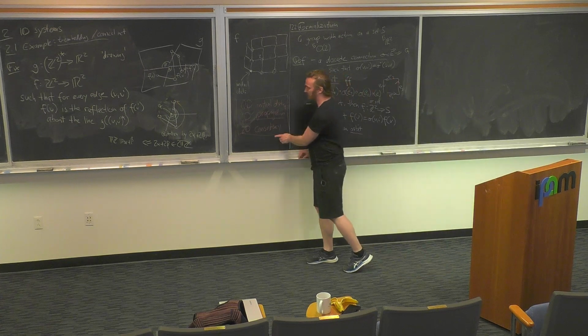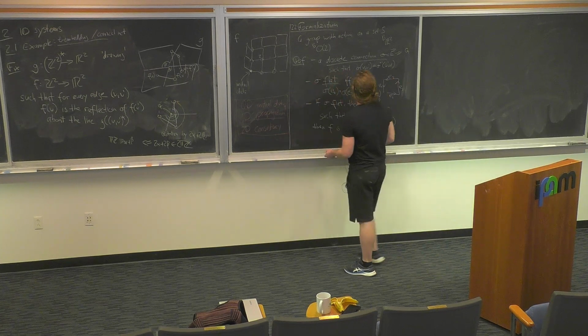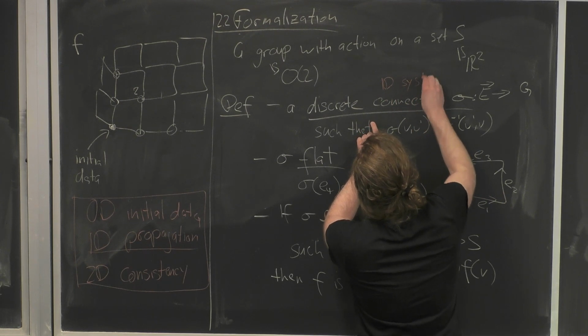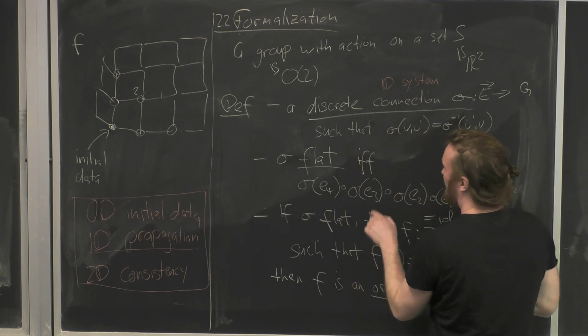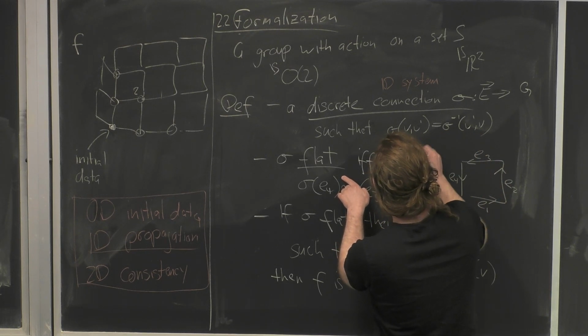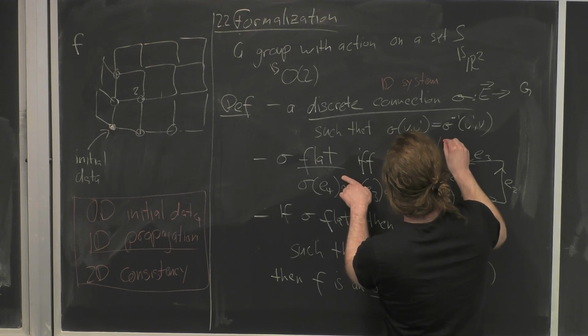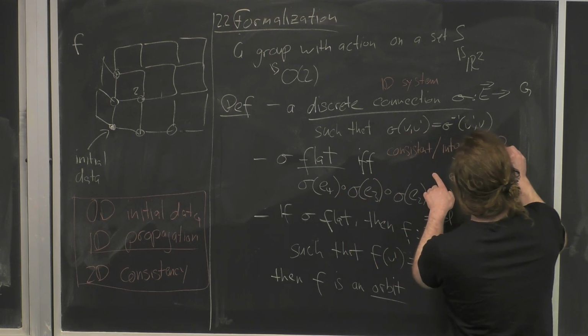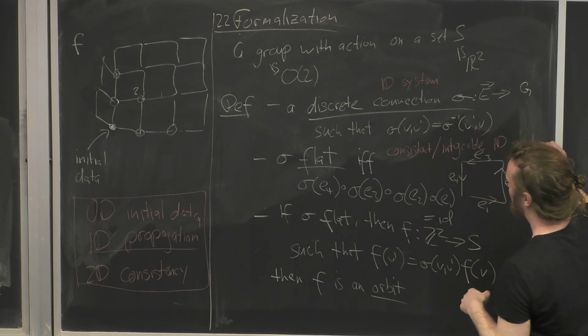Just to repeat, in the general wording, this would be called a 1D system. If it's flat, it's called a consistent or integrable 1D system.